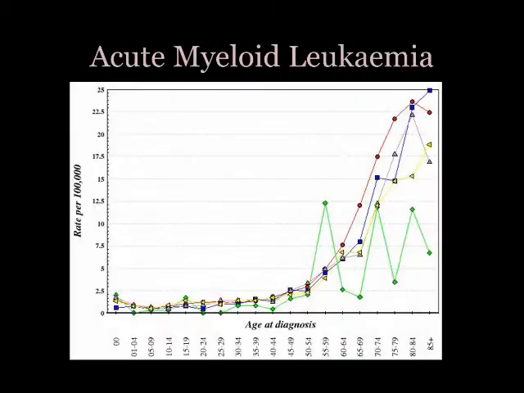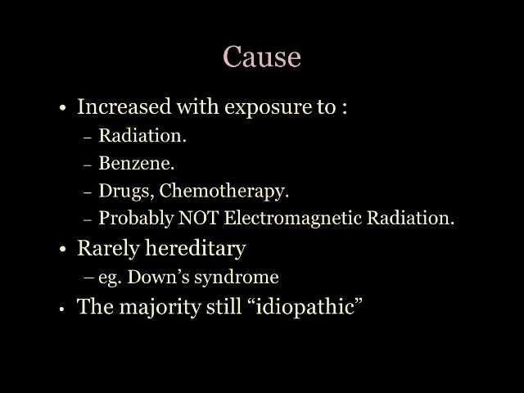I couldn't find a good graph of that, but this is just to show you what happens in acute myeloid leukemia, and really you can see the incidence is low, and then you get to this age and it starts to rapidly climb. And this is exactly mirrored by myelodysplasia: very, very low incidence, and then increasing through aging.